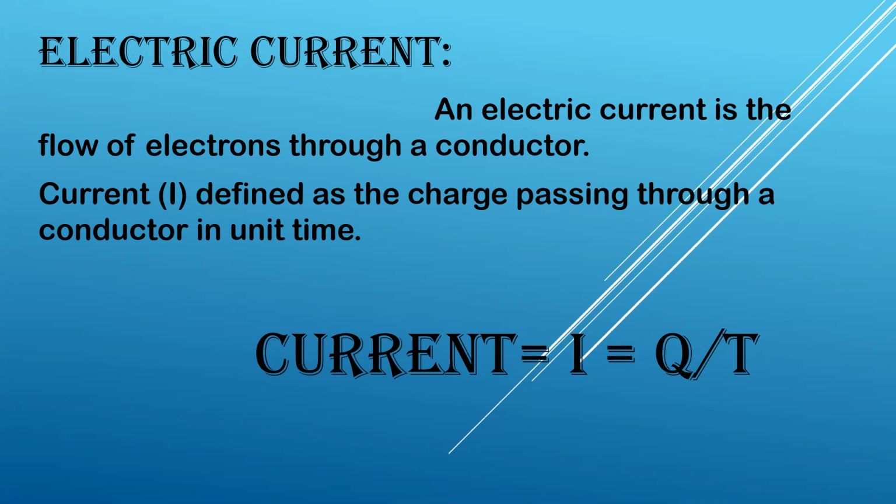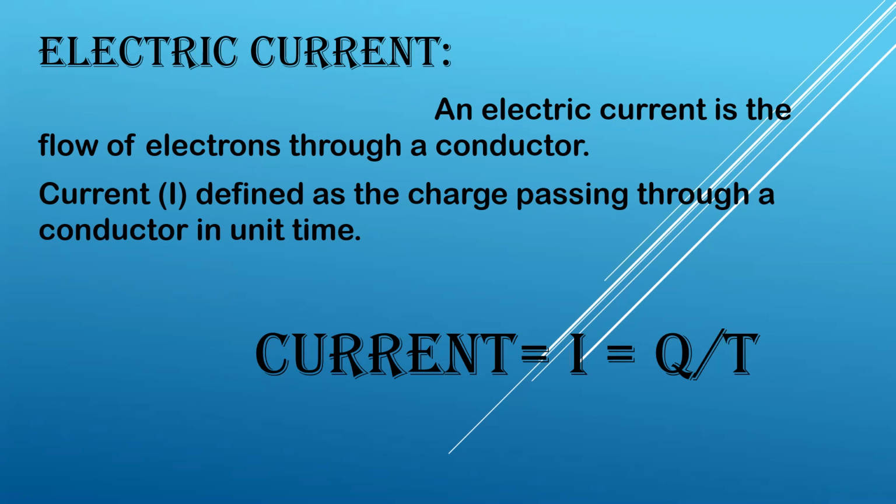How much charge is passing through a conductor in unit time? Unit time means in 1 second, in 1 minute, in 1 hour. How much charge is passing through a metallic wire, you can say, copper wire, in 1 minute, in 1 second, in 1 hour. That is called current.